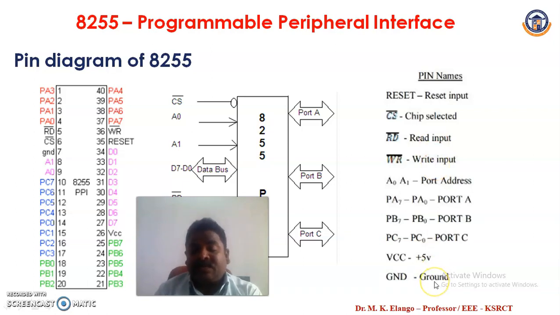VCC and ground pins are used for giving the electrical power supply to this 8255, right? Without power supply, no electronic devices are going to function. So to give the plus 5 volt power supply to this 8255, the VCC and ground signals are used, right?